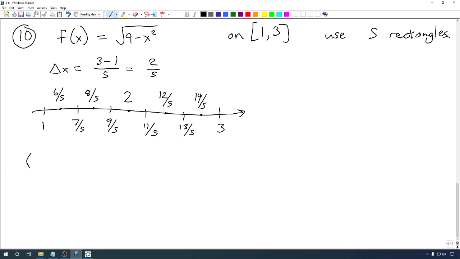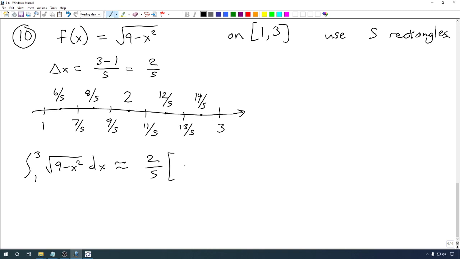That means our approximation here from 1 to 3 of the square root of 9 minus x squared dx is going to be, first of all, we put in our delta x. We put that 2/5 in front. Then we take all of our midpoints and plug them into our function. What is our function, the square root of 9 minus x squared, when x is 6/5?